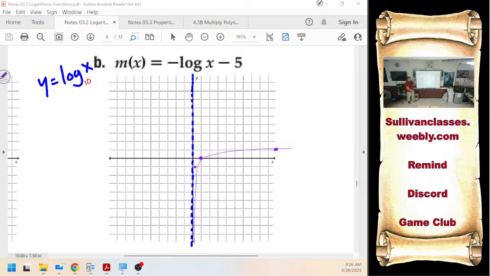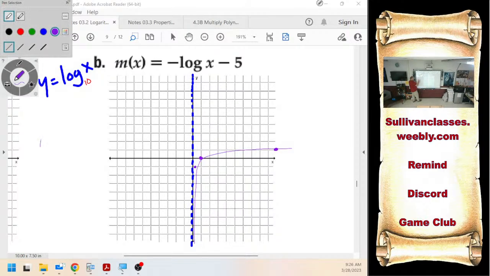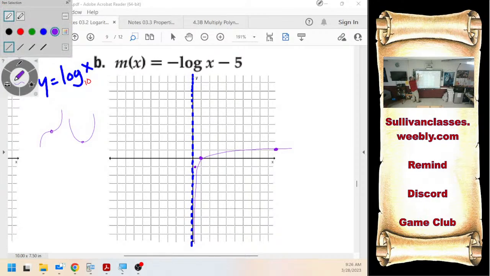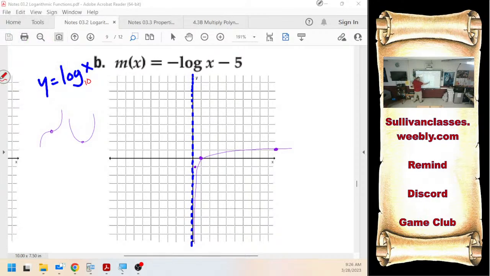So I'm going to take that, and just like, remember on a cubic, you have the inflection point in the middle? Just like with a parabola, you got the vertex, and that's the thing that we always move with translations. I'm going to take this point and move it down 5. And then instead of going up and to the right, I'm going to go down and to the right because of the reflection.